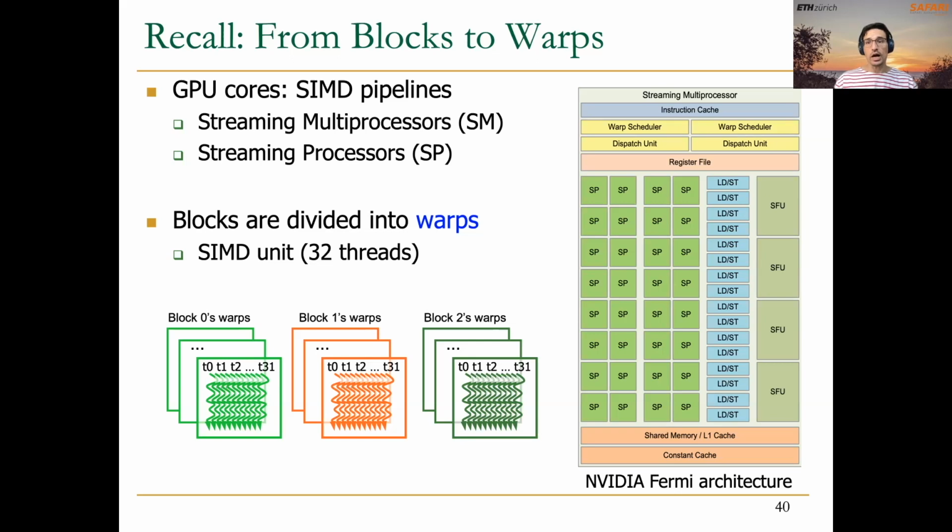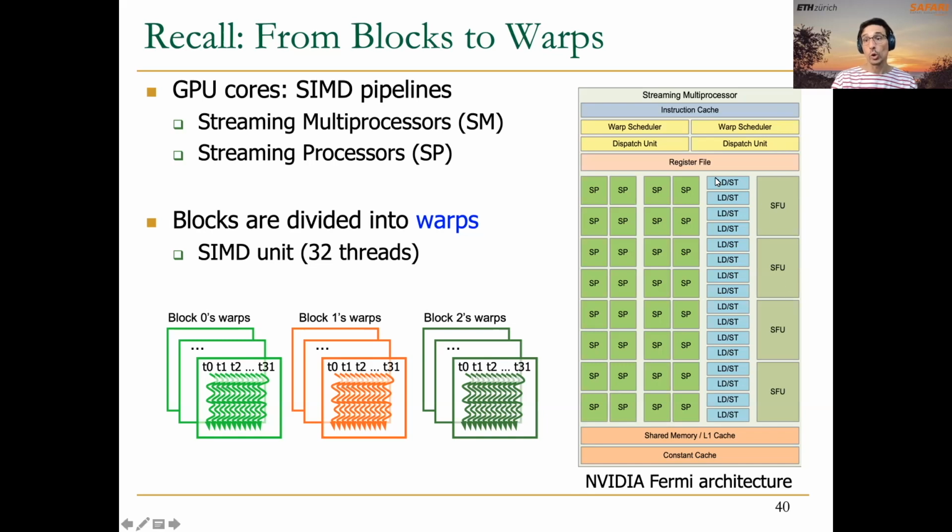These warps are SIMD units whose instructions are going to be executed onto the available functional units, like these SPs here, the regular SIMD lanes, which, as we have seen in the latest generations, A100 and H100, might be for integers, for 32-bit floating point or 64-bit floating point.